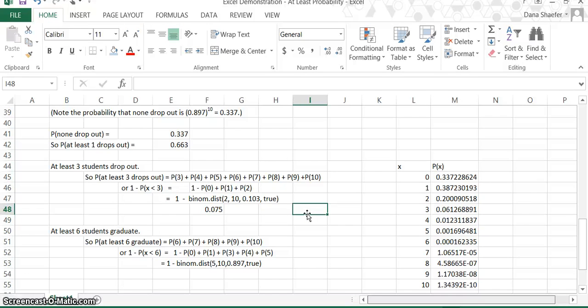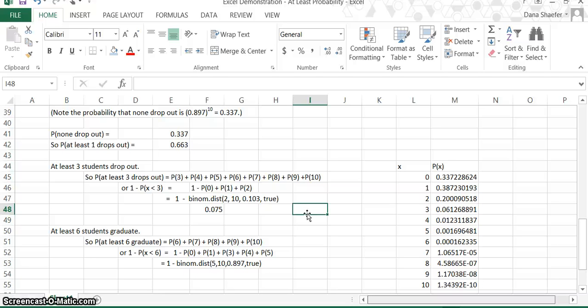The last one that you're going to run into: a lot of times when these problems have part A, part B, part C, one of them uses the idea of the complement, and in one of these problems it says, what's the probability that at least 6 students graduate? If I say at least 6 students graduate, the probability of them dropping out is 0.103, and the probability of them graduating is 0.897.